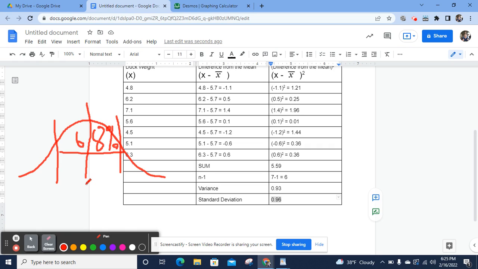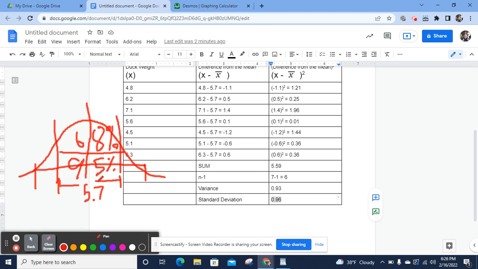So our mean was 5.7 pounds for a duck. And that means one standard deviation is adding or subtracting 0.96 pounds. So add 0.96 to that or subtract 0.96. And then we can go further, 2 standard deviations out to about here or here. 95% of all the ducks should be within 2 standard deviations of this mean.